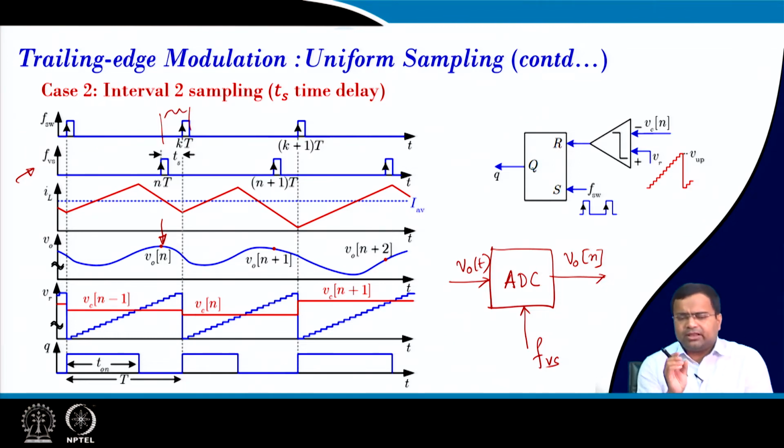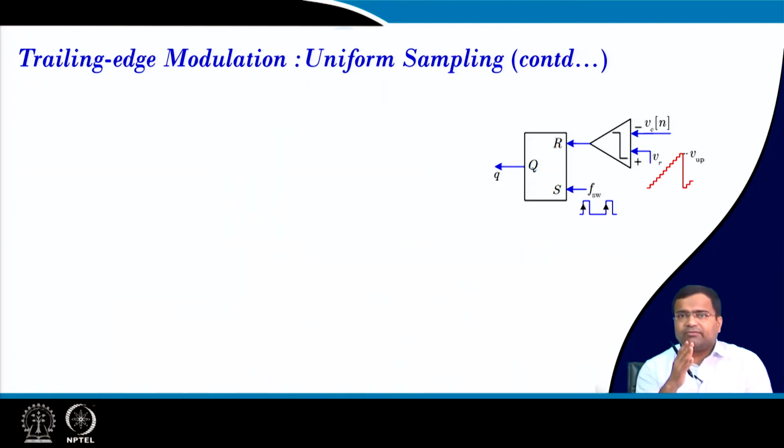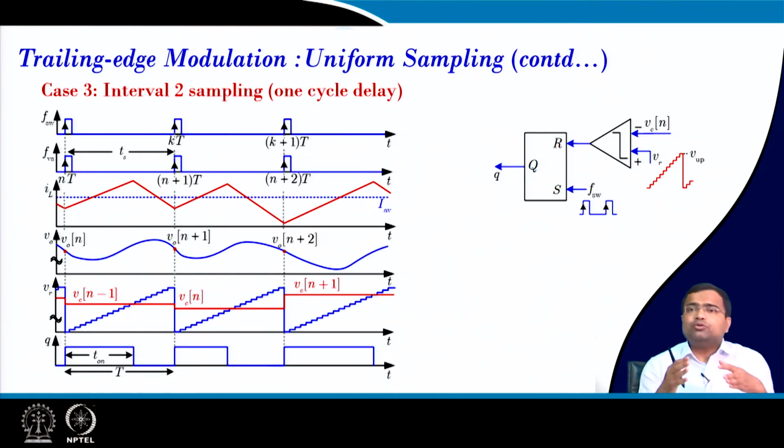But sometimes for hardware architecture, this time is okay, you can take some fraction of the switching cycle. But if you go for a software based solution, or if you do not want to use too many resources for high frequency application, then you need to reduce the power consumption. For that reason, because we do not want very fast processing from the A to D converter, you can use one cycle delay.